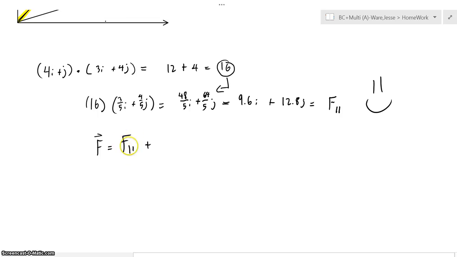But because we are looking for f perpendicular, it's simple algebra reorganization, and we get f perpendicular is equivalent to f minus f parallel.